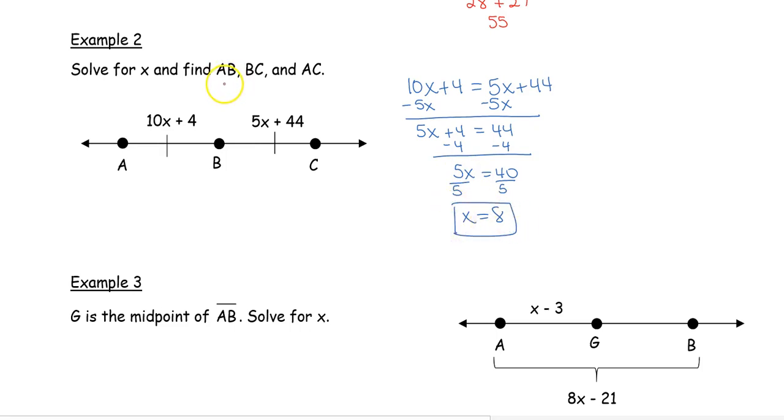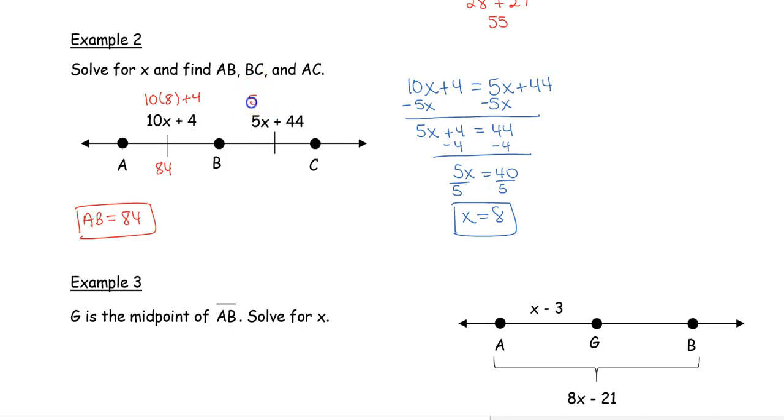Now we want to find the length of AB, BC, and AC. So if I know what x is, all we have to do is plug that in. So 10 times 8 is 80. 80 plus 4 is going to give me 84. So we know that AB is equal to 84. We don't actually have to do any more plugging in and work if we didn't want to.